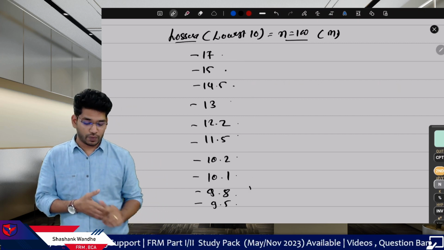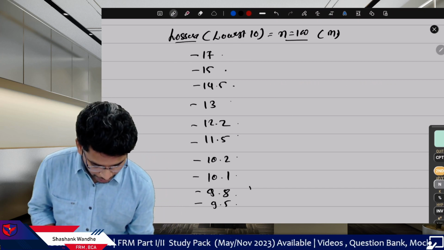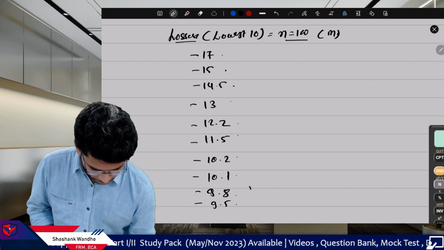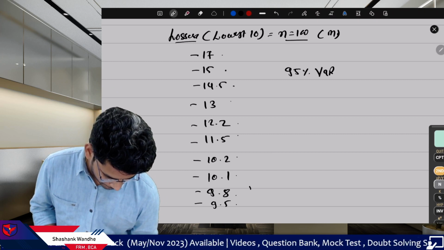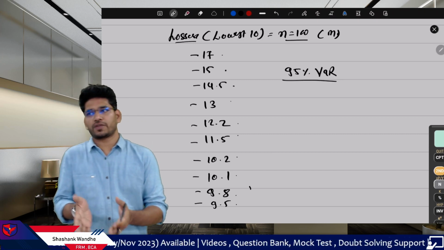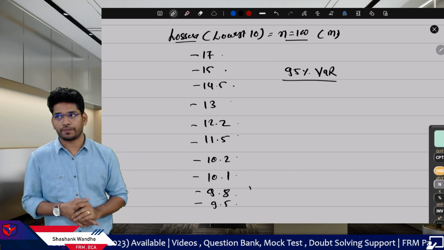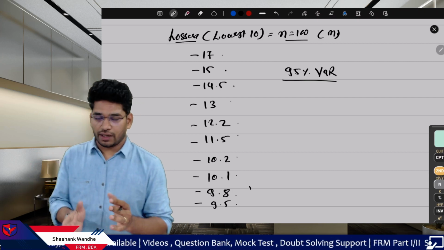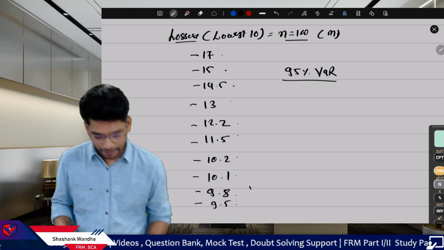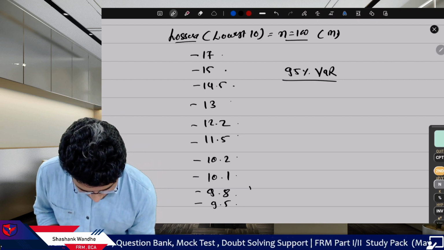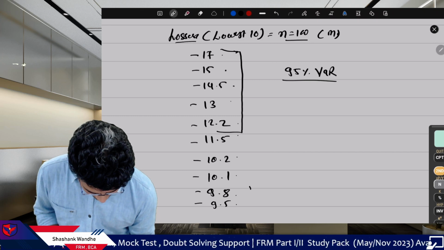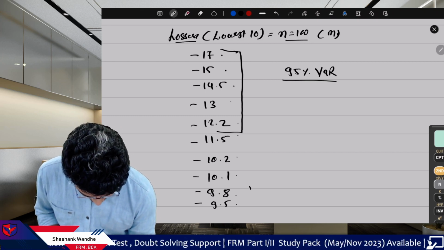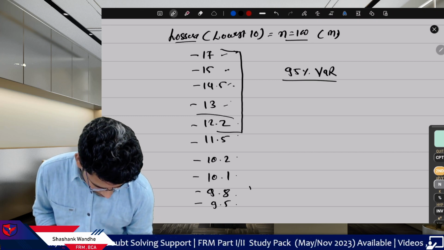Now in FRM Part 1, if GARP asks you a question to calculate 95% VAR using historical simulation, of course, because we have the data for historical simulation, our approach from FRM Part 1 is we take the fifth lowest value. So this is first, second, third, fourth. This is the fifth lowest value.